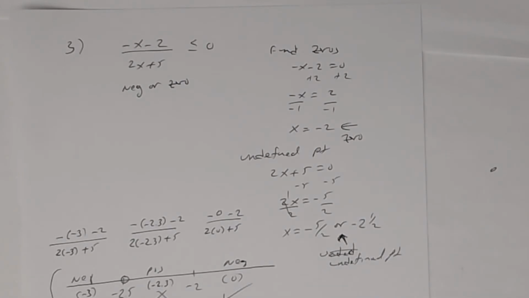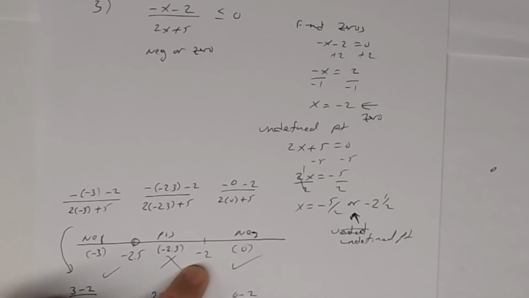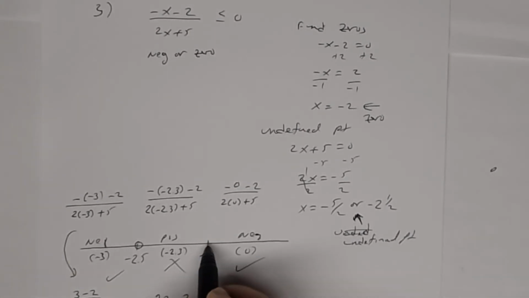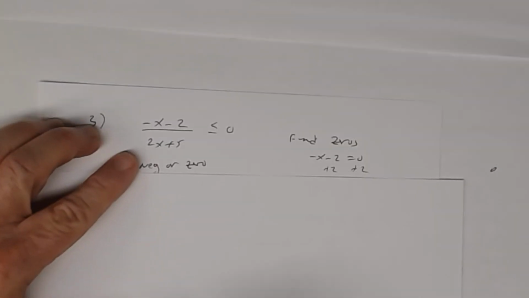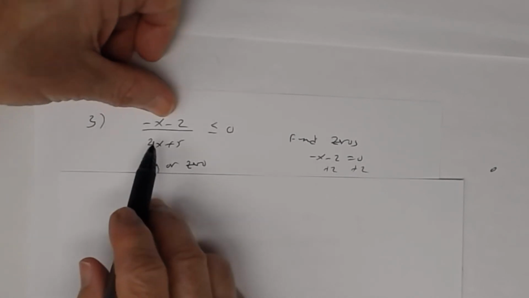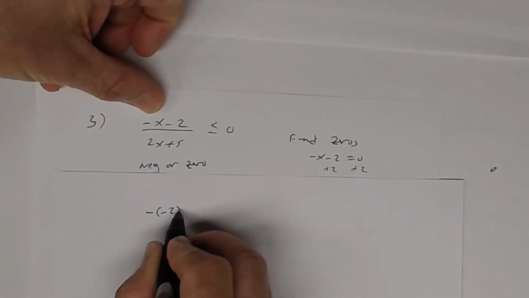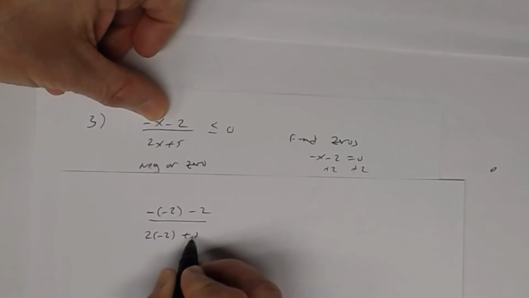Make sure you see why. Let me just show you. So x equals -2, right? So let's make sure we understand why that's a solution. Make sure you understand why we're going to put a closed circle here. So if I substitute -2 into the rational expression, I get the opposite of the -2 minus 2 divided by 2 times negative 2 plus 5.